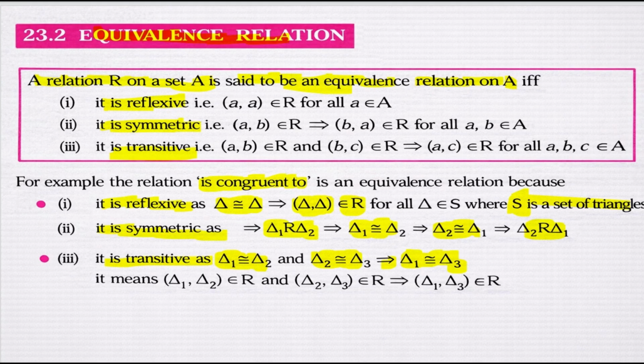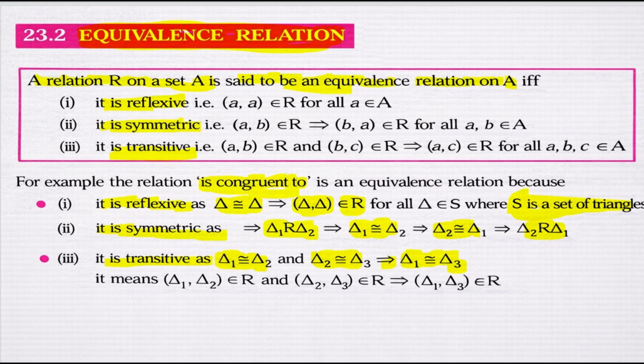Therefore, we can say that congruence is transitive on set S, which contains the set of all triangles. Therefore, congruence is an equivalence relation on set S, because it satisfies all three properties.